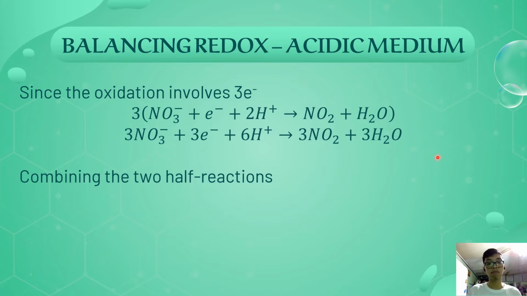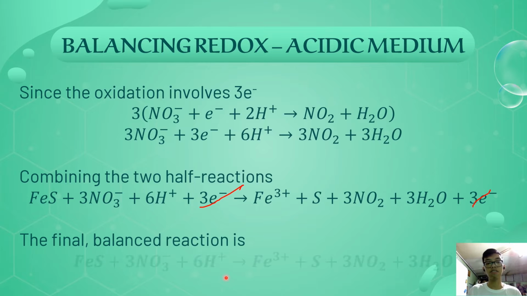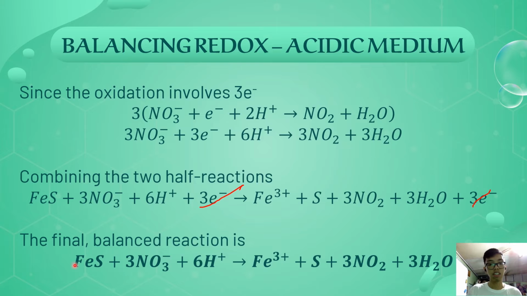Now we combine the two half reactions, canceling out those elements which we see on either side of the equation, which is the 3e. We cancel that, and that gives us a final balanced reaction, which is this reaction here. That's 3H2O.